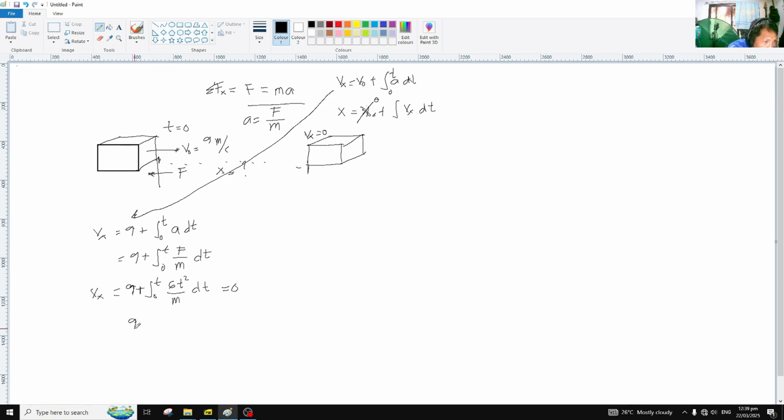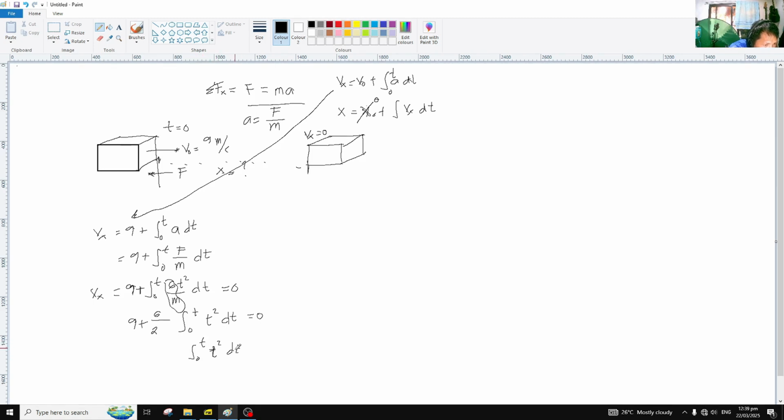So you can do 9 plus, you can factor this out because that is a constant. 6 all over 2 kilogram. So you know that that is 2 kilogram. We'll just put the units there. And you have your integral from 0 to t, then you have t squared dt, which is equal to 0. Okay? And then actually you can already, I mean, let's expand further.